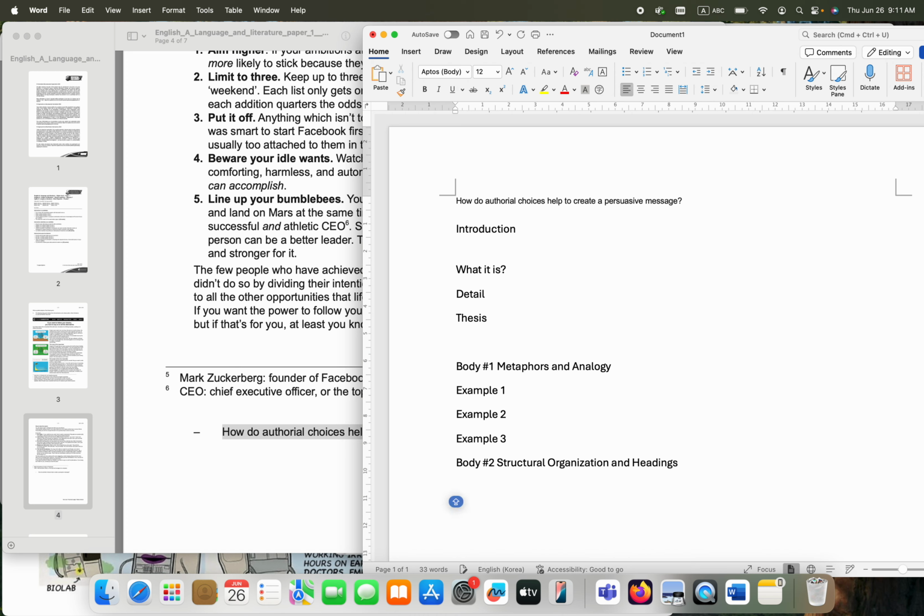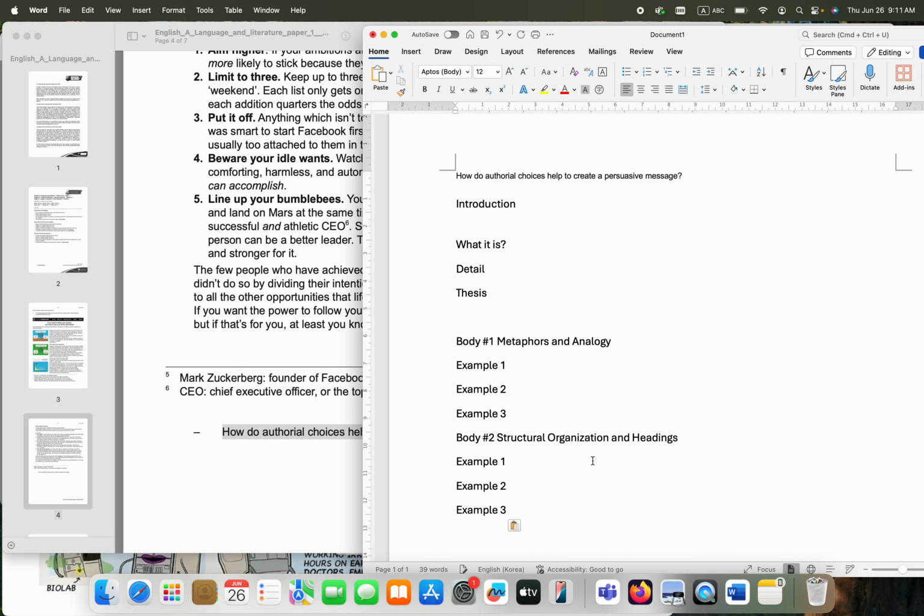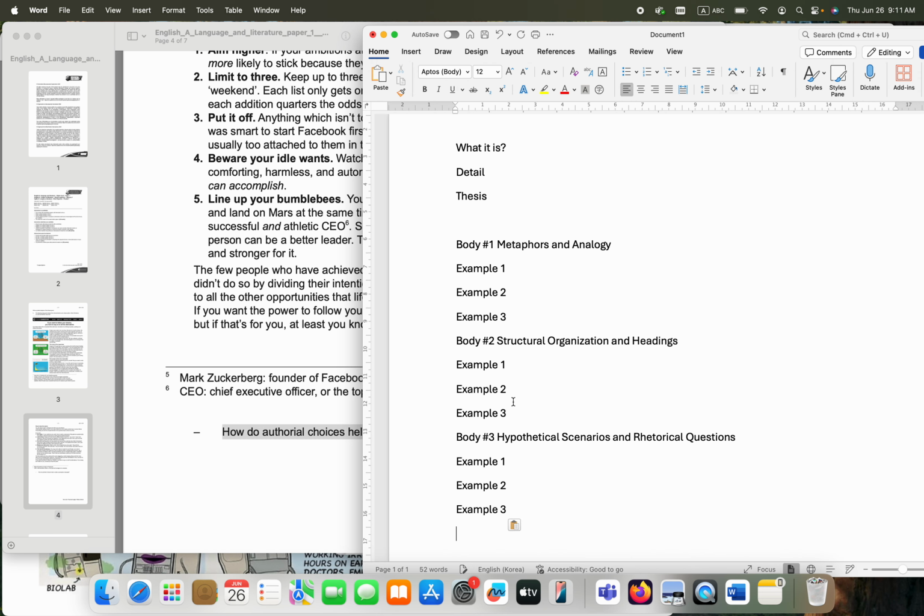And then same thing, 2 to 3 examples. Sometimes 2 is fine. And then body paragraph 3 is going to be about hypothetical scenarios and rhetorical questions. And then same thing, 3 examples.